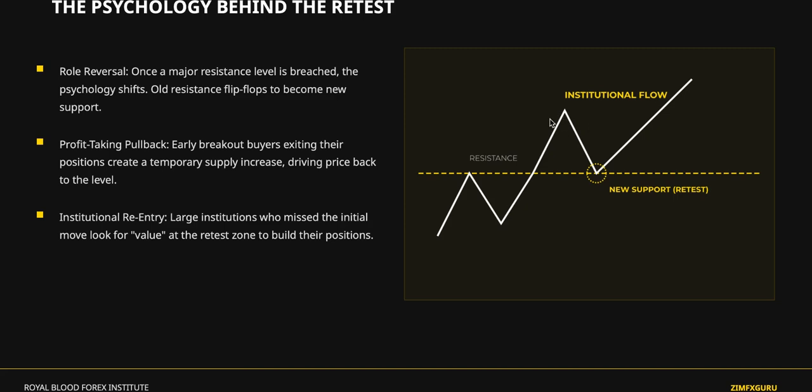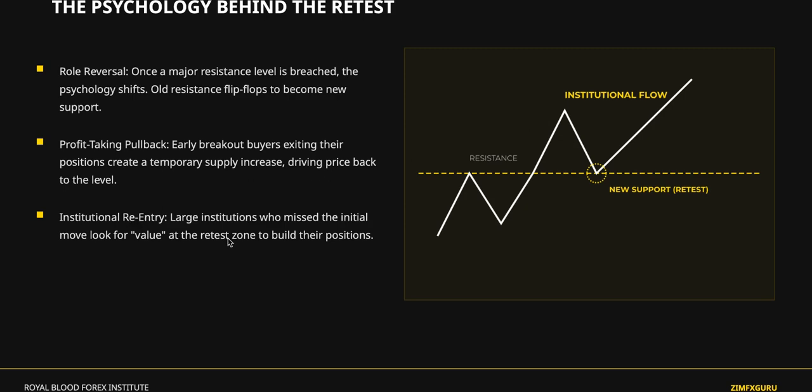When you are closing a buy position, it automatically becomes a sell position. So there are many sellers, which is why during the retest people enter with counter trend trades, and when price gets there they take their orders. Then price continues to move in the prior trend. So institutional re-entry.